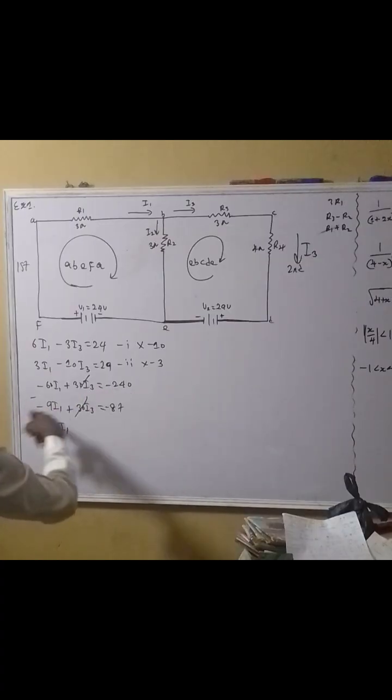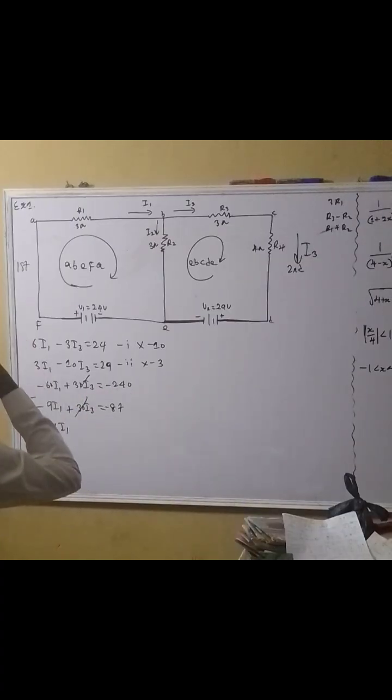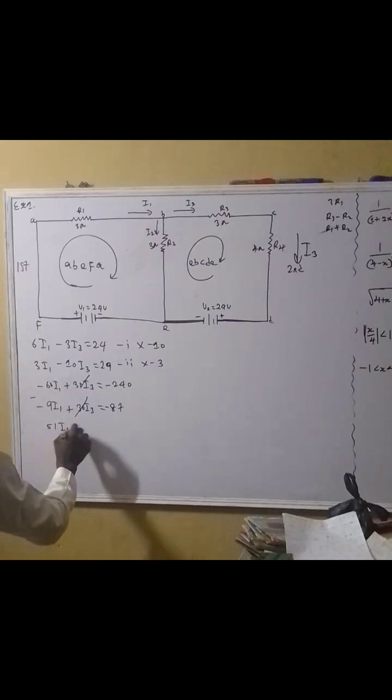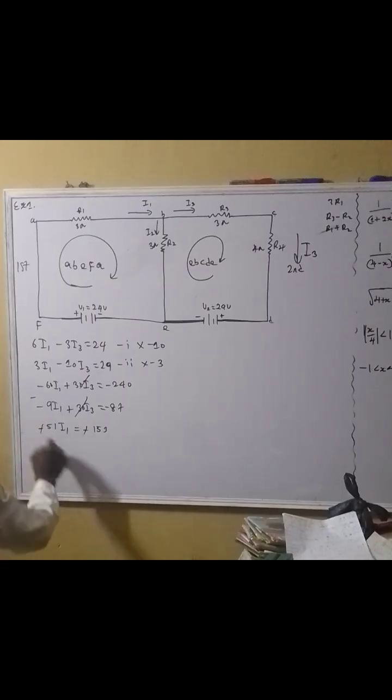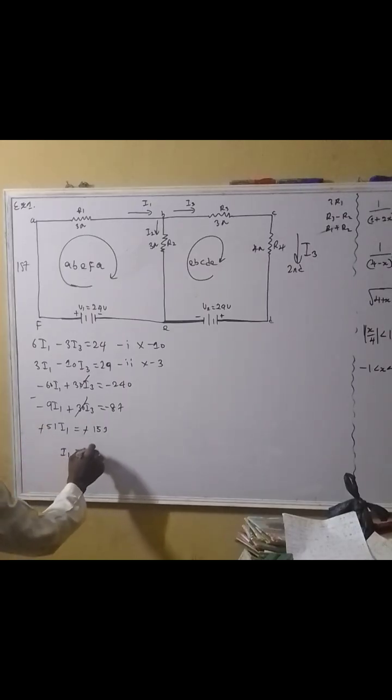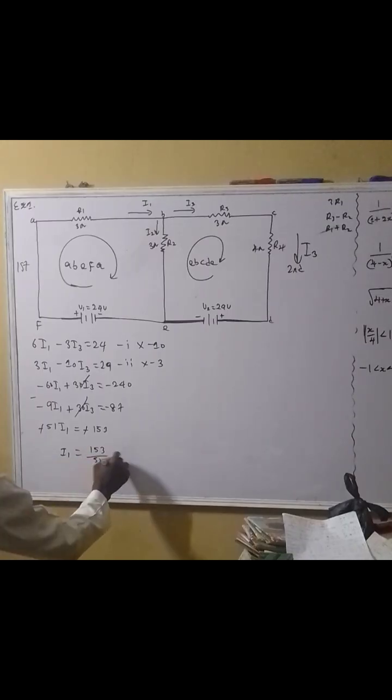So negative 240 plus 87, you have negative 153, negative 51 also. Are you with me? So negative cancels out negative, then I1 will be equal to 153 over 51, divided by 51, that means our I1 will be equal to 3 ampere.